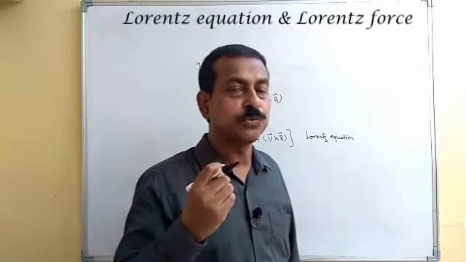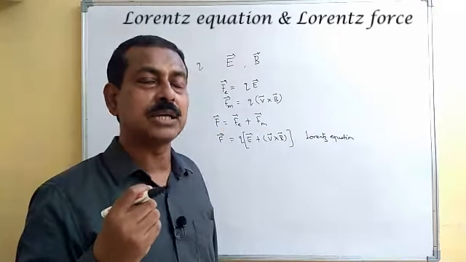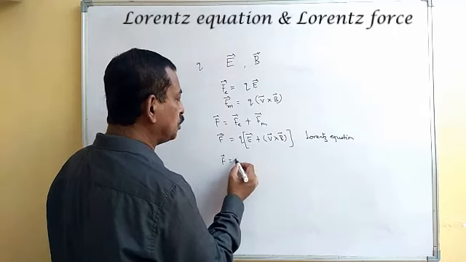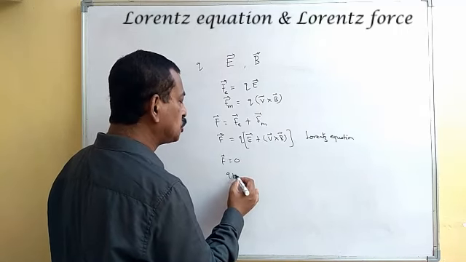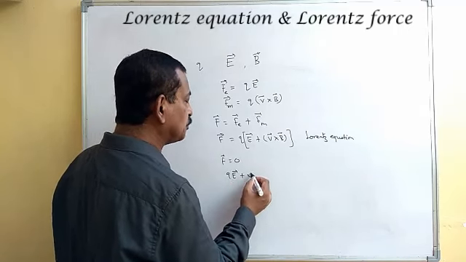And if the net force is 0, here, if F is 0, it also means Q(E plus V cross B) is 0. And if this is 0, that also indicates that the E vector is minus V cross B.